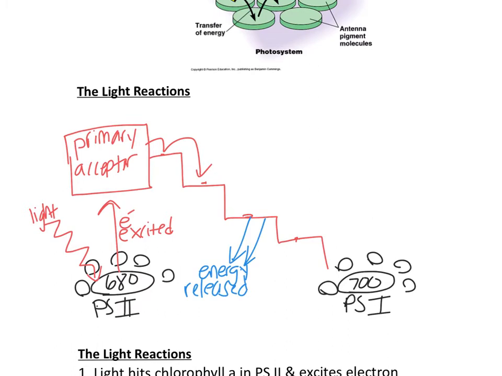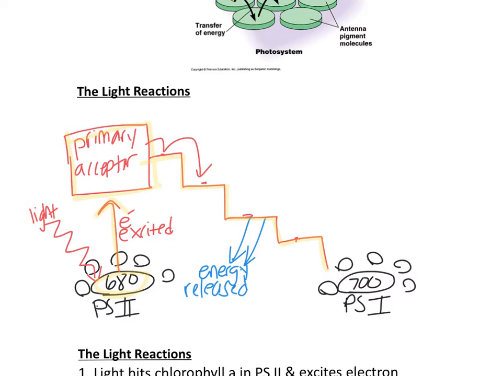Since that photosystem had an electron that then got excited, grabbed by a protein, and passed down the chain, eventually that photosystem would run out of electrons because the primary acceptor keeps taking them. However, there is a replenishing supply of electrons such that those pigments in the photosystem will not run out of energy.